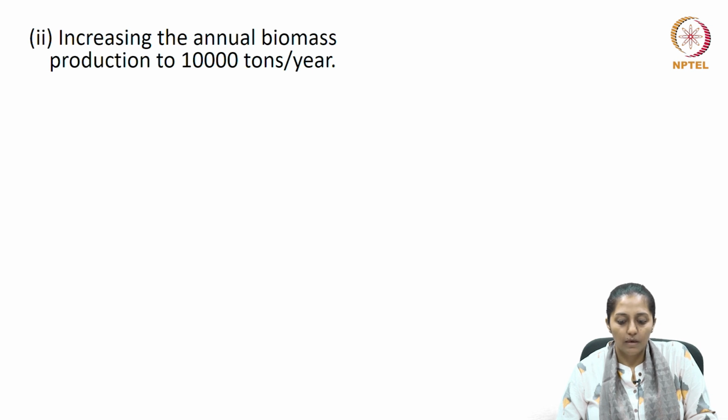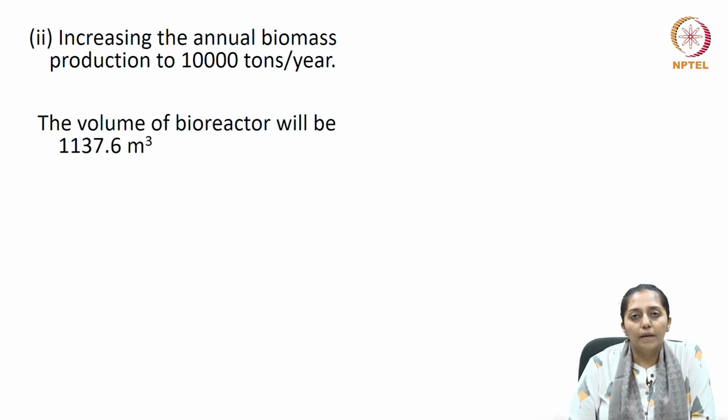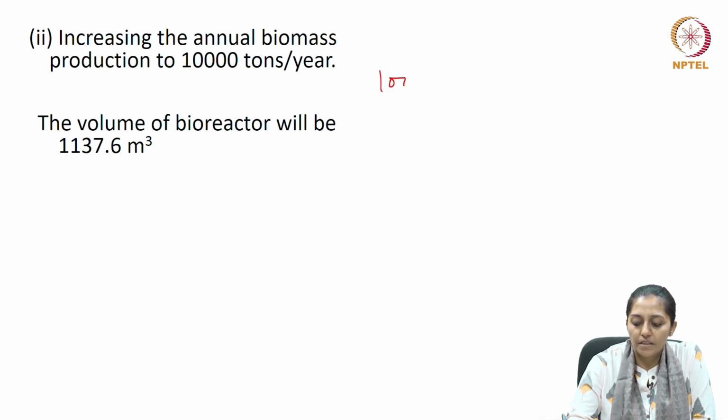In the second part of the question, it was asked what size of the reactor should be chosen if the demand of the biomass produced is raised to 10,000 tons per year. Now, to solve the second part, the reactor volume given for the batch process was 1000 meter cube.